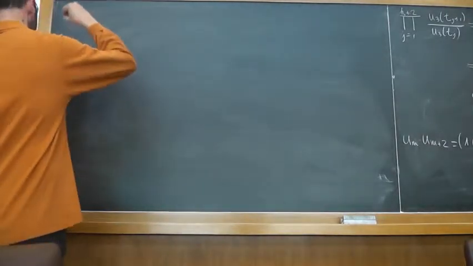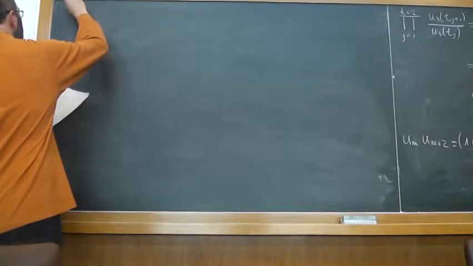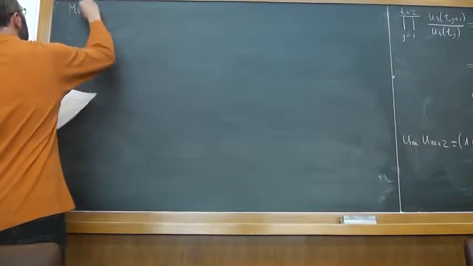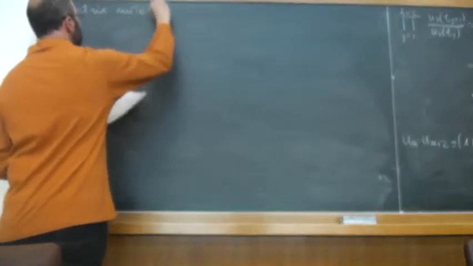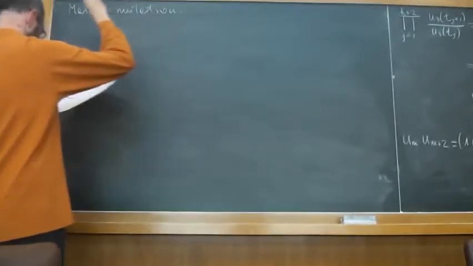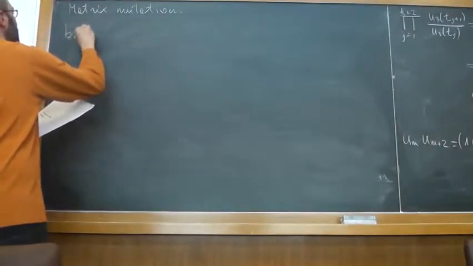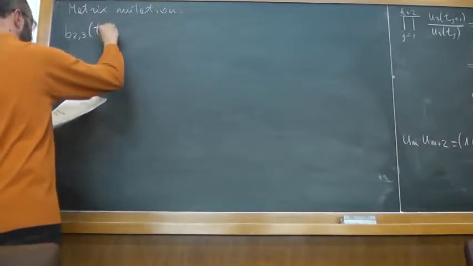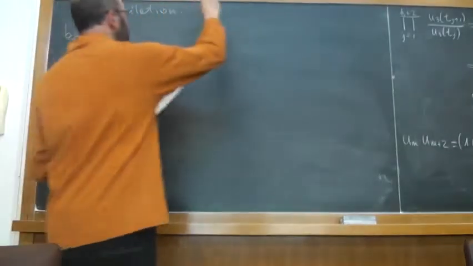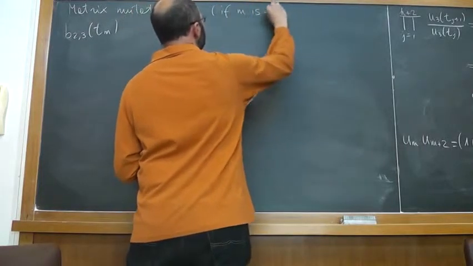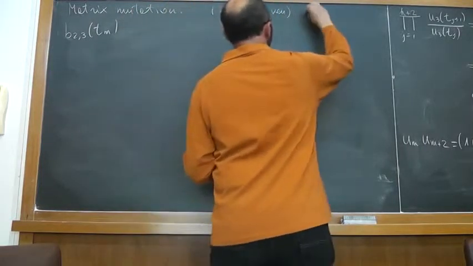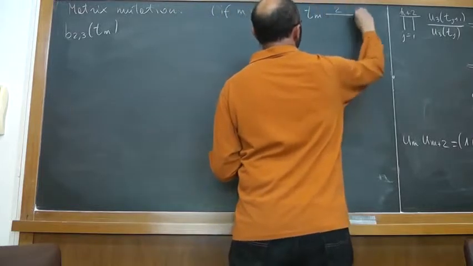So, we recall from the matrix notation B2, 3. So maybe I'll just do the case where n is even. The other is similar.